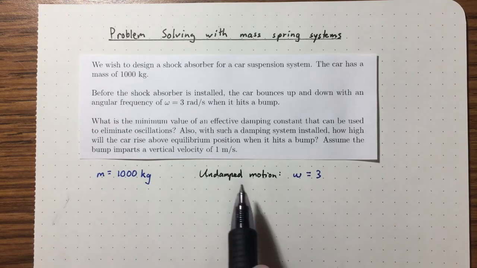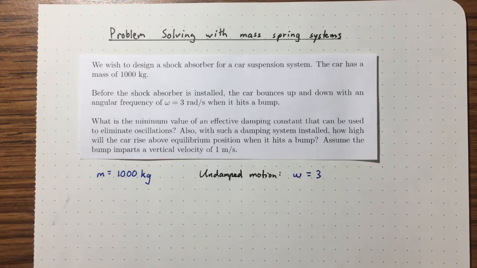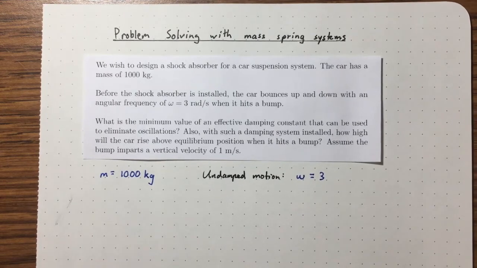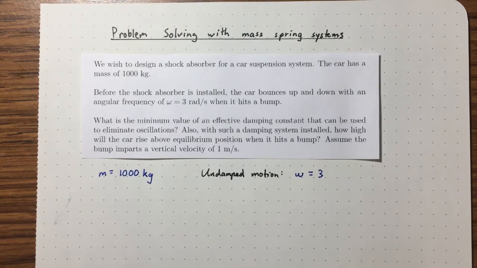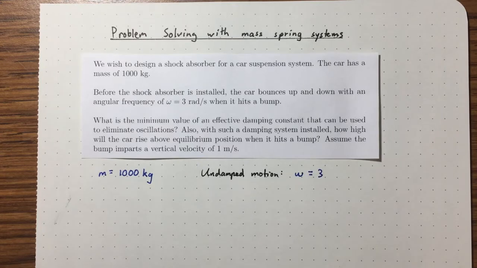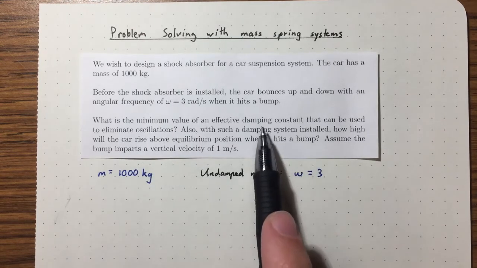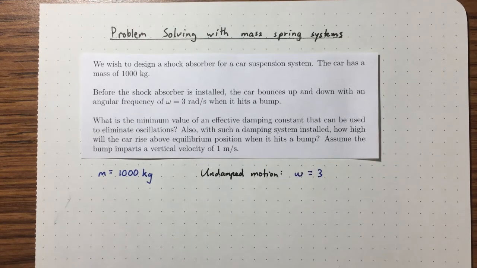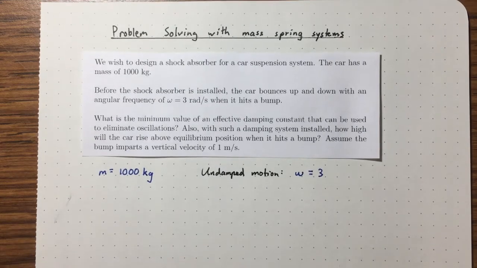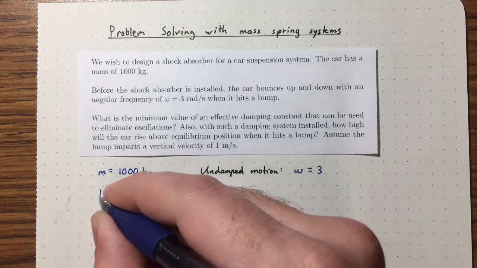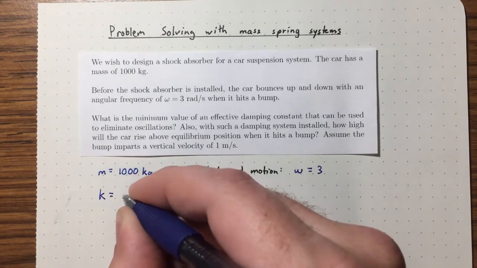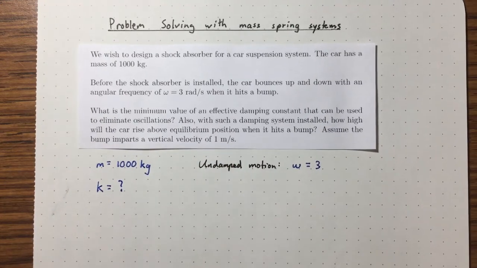So our undamped motion has a certain angular frequency, and we want to figure out a damping constant to use. What don't we know? We don't know the spring constant. It doesn't say the spring constant.